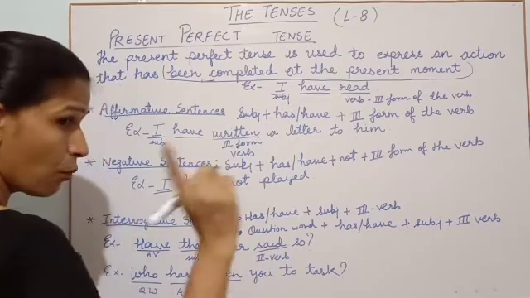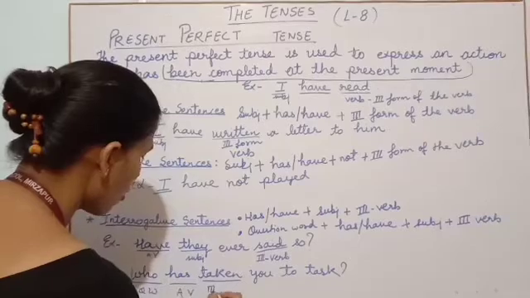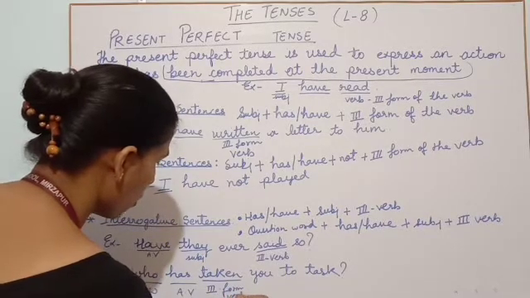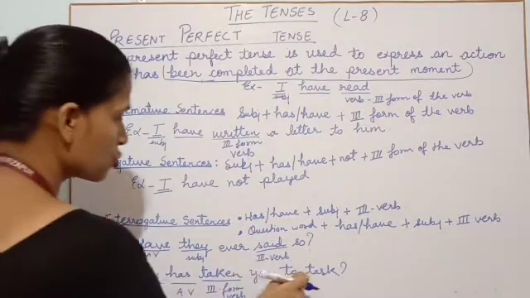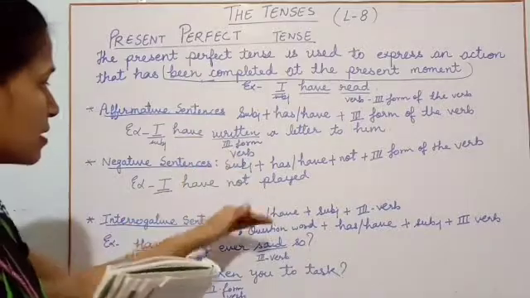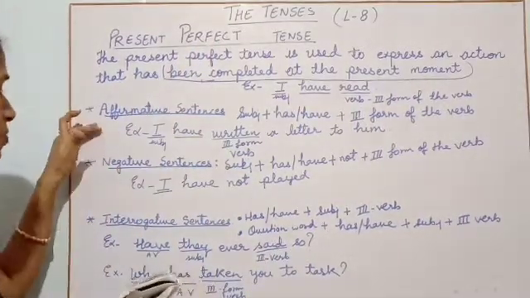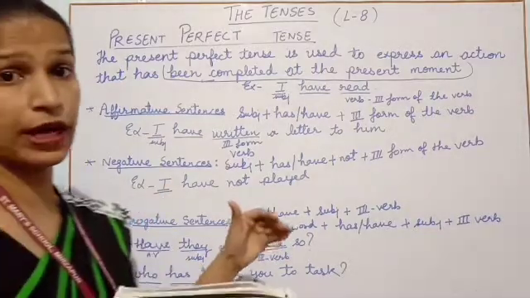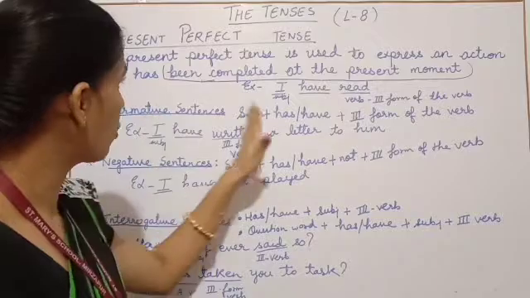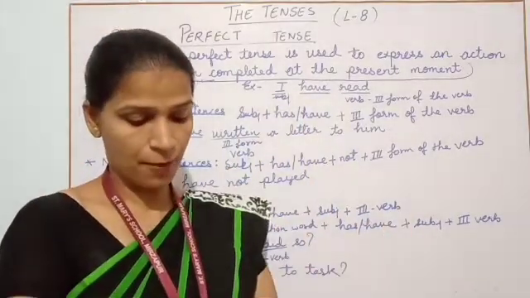This is your verb, and which form is it? It is in third form. Then you do task. This is how we can construct our sentences according to present perfect tense, but we have to keep in mind whether it is positive or negative or interrogative sentences. Whatever rules I have told you, you all have to keep these rules in mind.